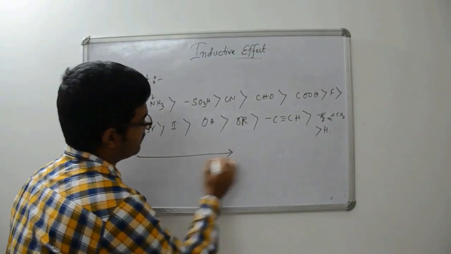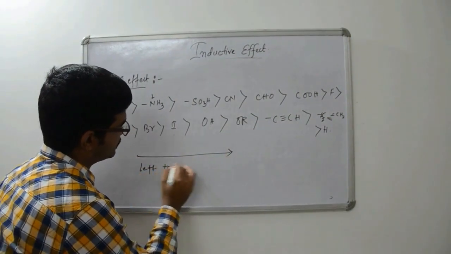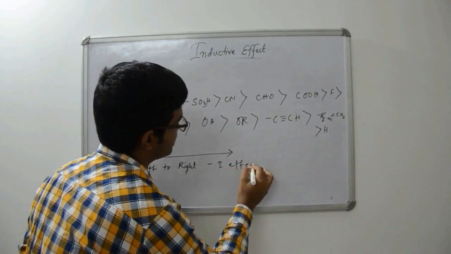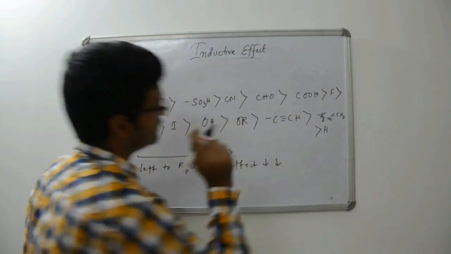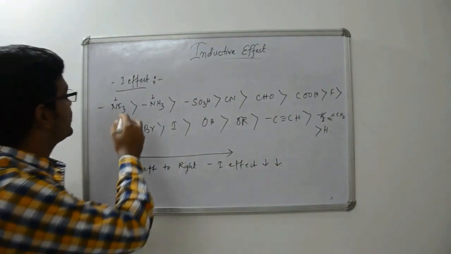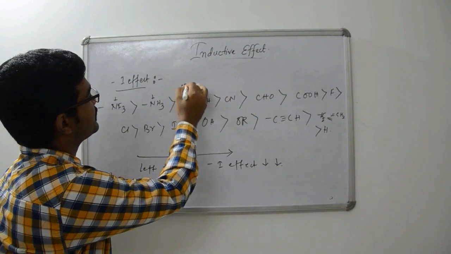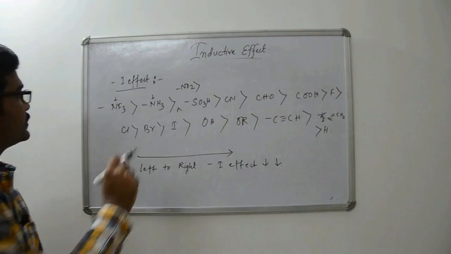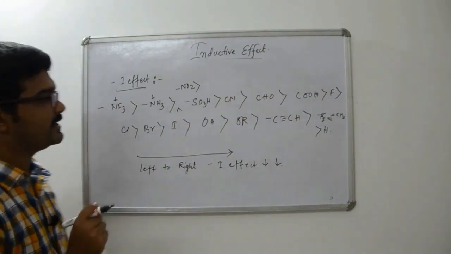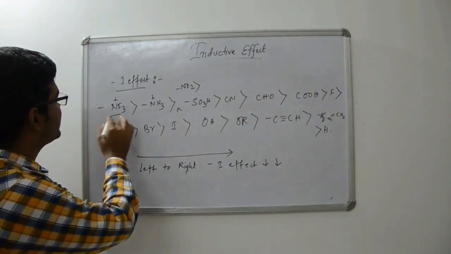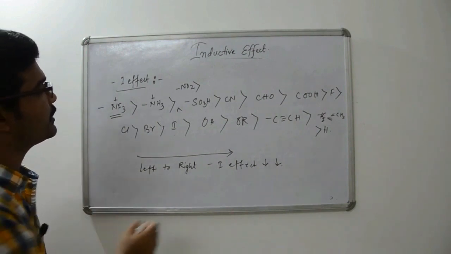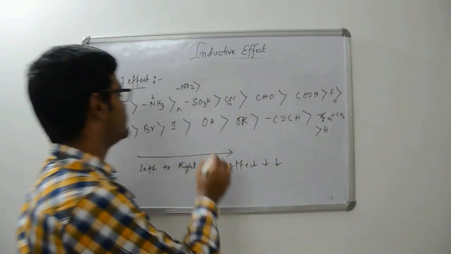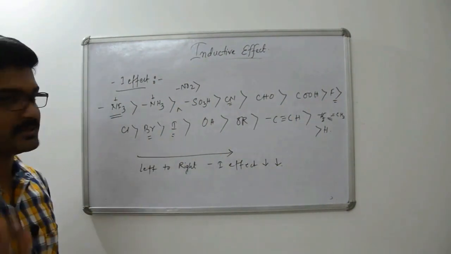Thus, as we move from left to right, minus I effect decreases, right? NF3, NH3, NO2, rather SO3H, cyanide, CHO in this way. So from this chart we can easily understand that NF3 plus is more electron withdrawing than cyanide, which in turn is more electron withdrawing than fluorine, bromine, iodine, etc.